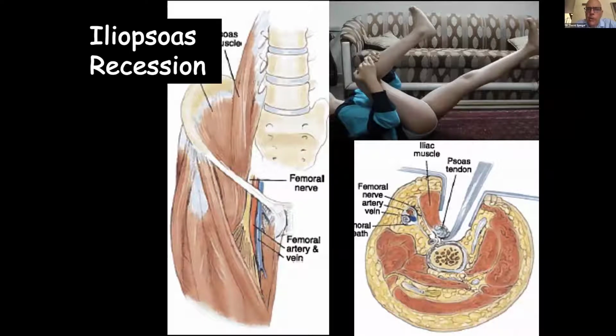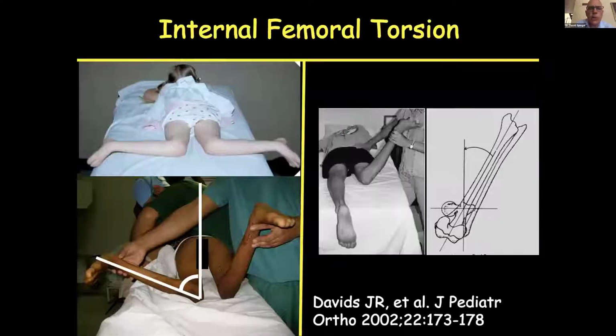There are several different techniques to do this, but the technique illustrated here goes from more of a lateral approach and rolls the muscle over. The neurovascular structures are quite close, and so this requires close attention.